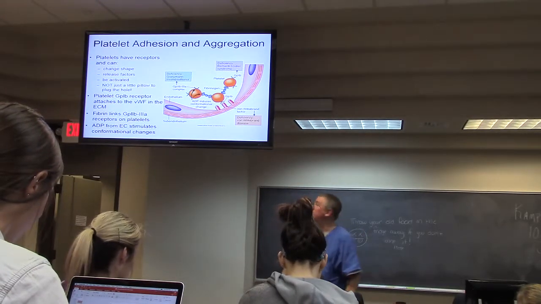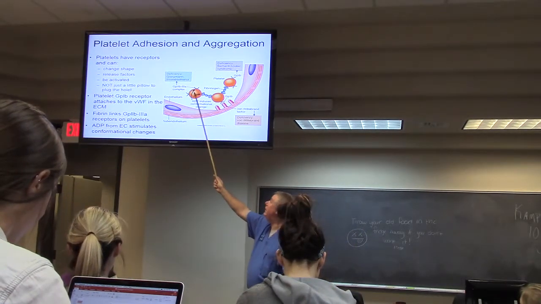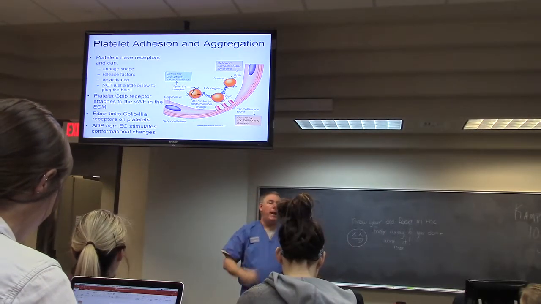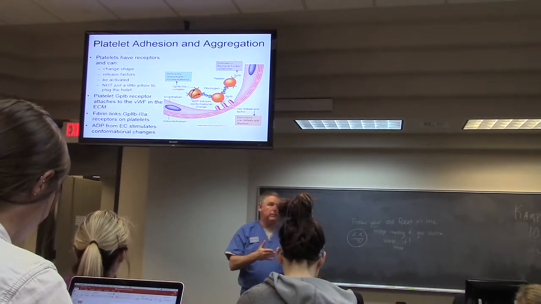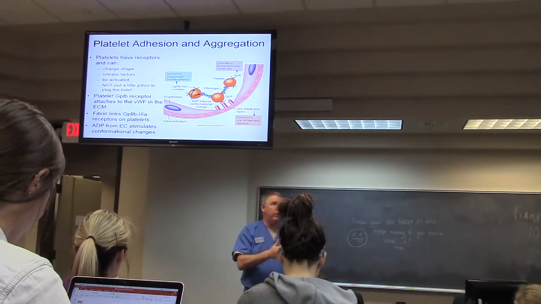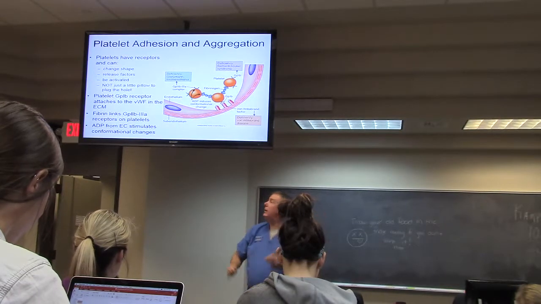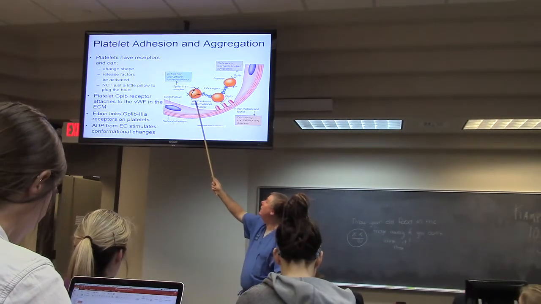Now, platelets also have on their membrane a receptor called the GP2B/3A complex. That is converted, or becomes active, in the presence of ADP.